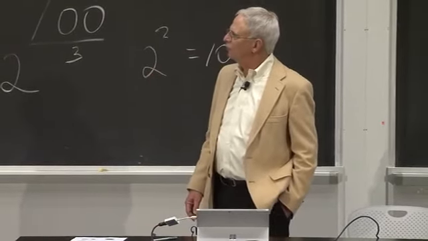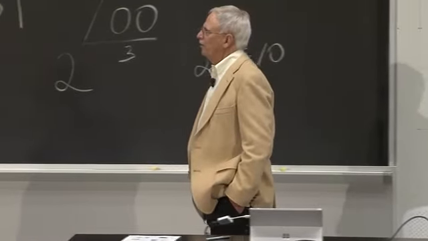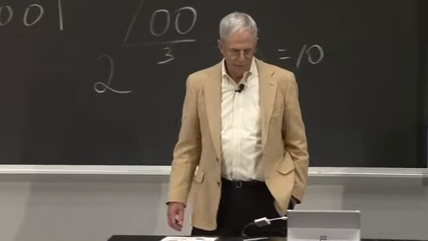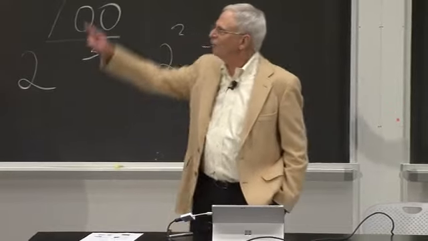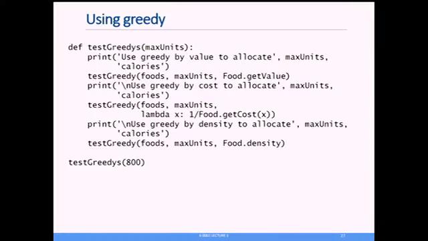I actually think I use 750 in the code, but we can use 800. It doesn't matter. And here's something we haven't seen before. So use greedy by value to allocate, and it calls test greedy with food, maxUnits, and food.getValue. Notice it's passing the function. That's why there's no closed parentheses after it. Use greedy to allocate it. And then we have something pretty interesting.